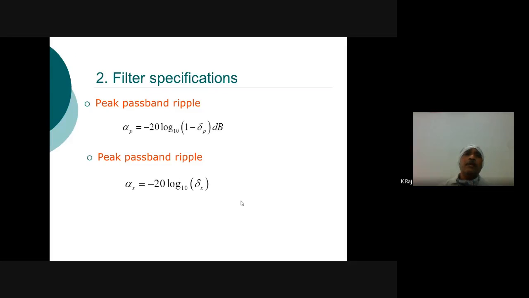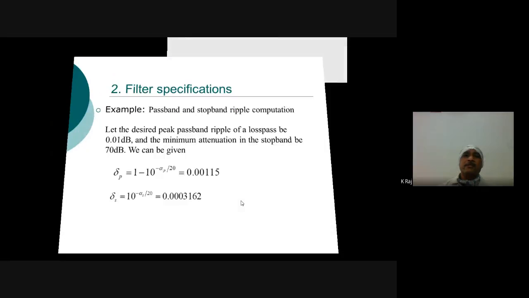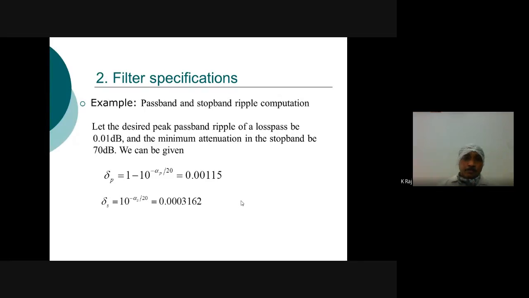Now the peak passband ripple alpha p becomes minus 20 log 10 of 1 minus delta p in dB. The minimum stop band attenuation alpha s becomes minus 20 log 10 delta s. Now, if we consider the example, let the desired peak passband ripple of a low pass filter be 0.01 dB and the minimum attenuation in the stop band be 70 dB, then this can be described as delta p equal to 1 minus 10 to the power minus alpha p by 20, and this is equal to this value here.